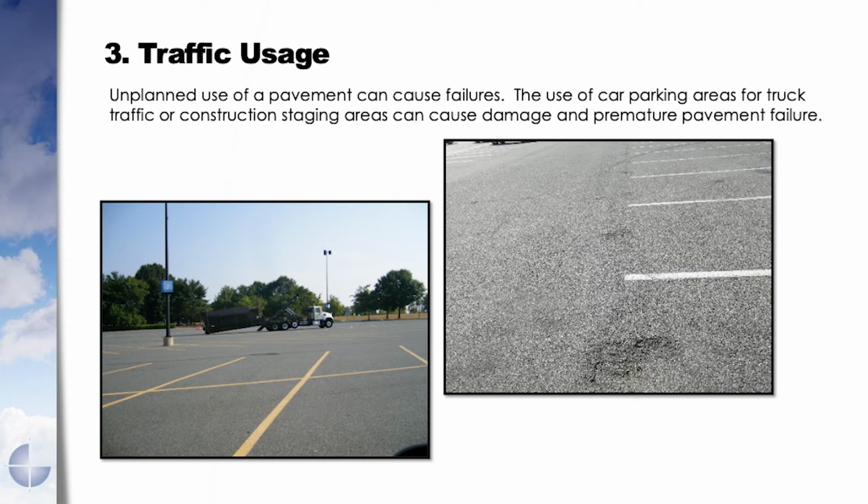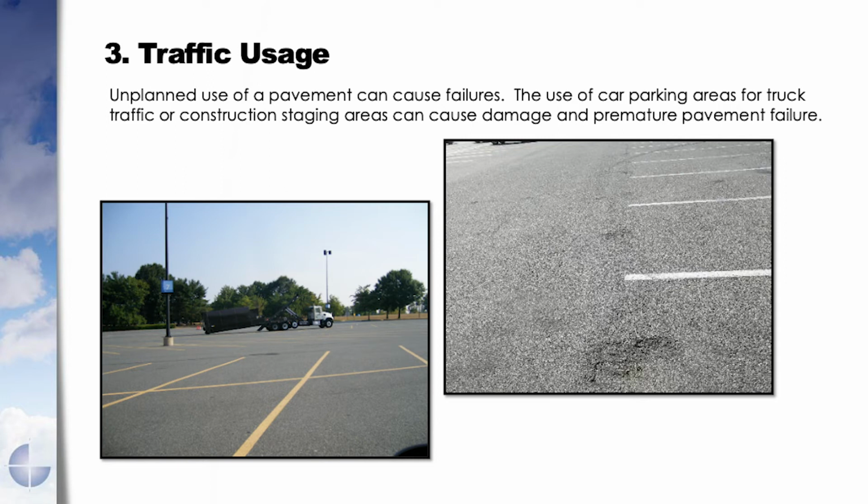But what made it worse was then he drove over to the dumpster, picked up the heavy dumpster, put it out in the parking lot, then picked up the empty one and swapped it in, and then went back out and picked up the heavy dumpsters. So using these pavements for things other than they were designed for will cause premature failure.